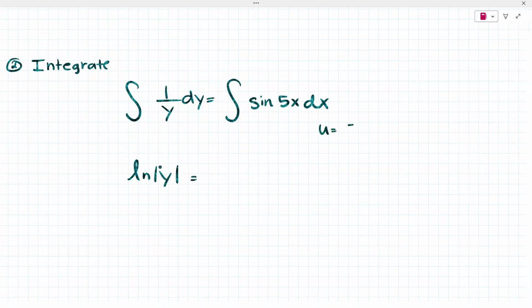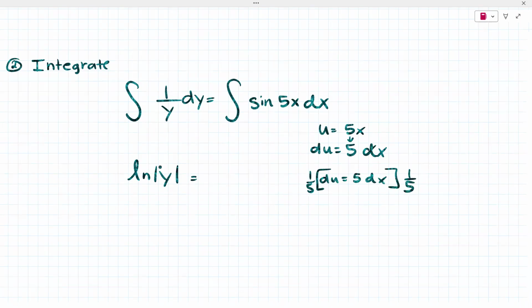My u would be 5x, and my du would be 5 dx. Now we have to get rid of this constant 5 because we don't have a 5 here. How to get rid of this 5? By multiplying both sides by the reciprocal of 5, which is 1/5. So this is 1/5 du. 5 times 1/5, the 5's cancel, so you're just left with dx.